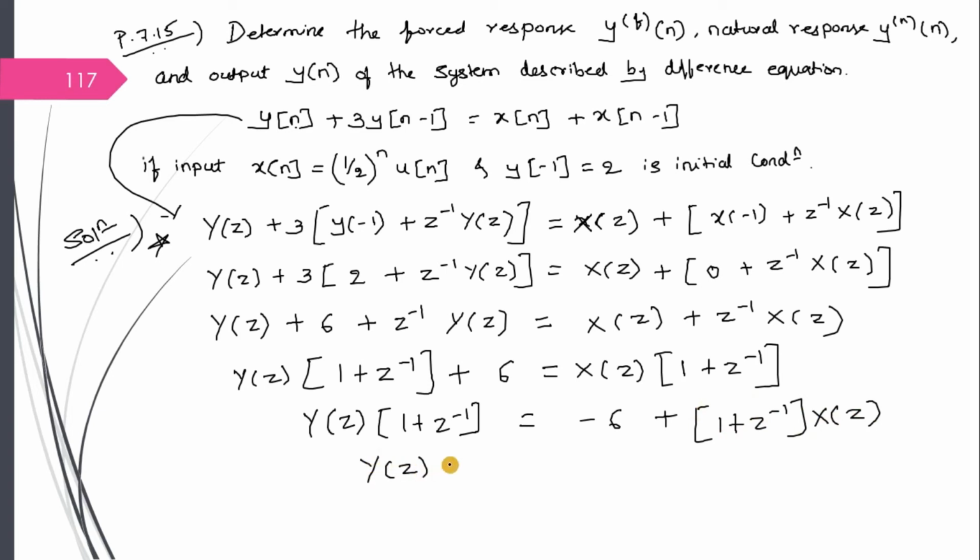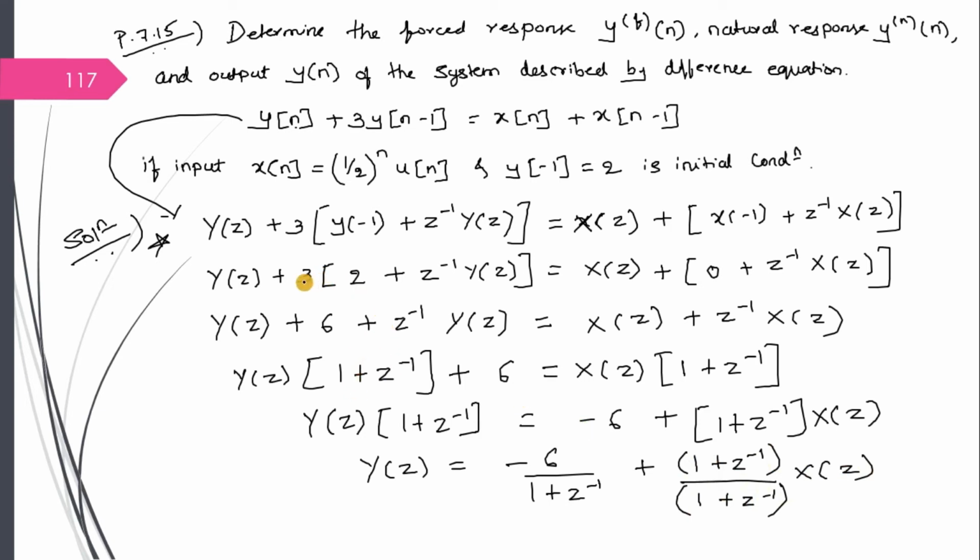So I want Y of z equal to this one. I take it on the other side. I get minus 6 divided by 1 plus z inverse plus 1 plus z inverse divided by 1 plus z inverse into X of z. So I got two terms.